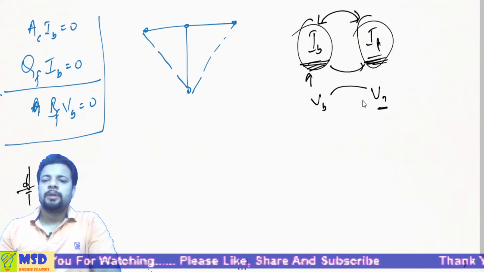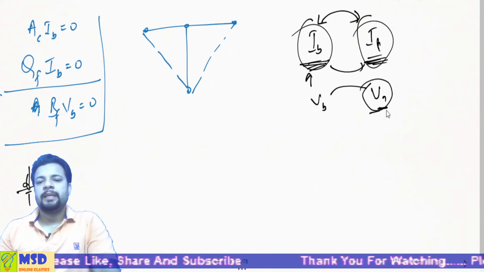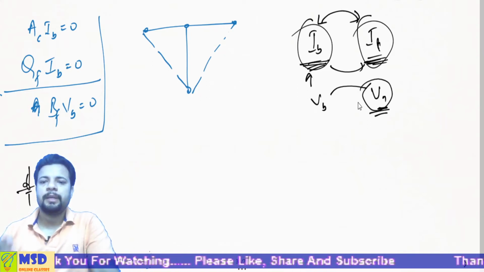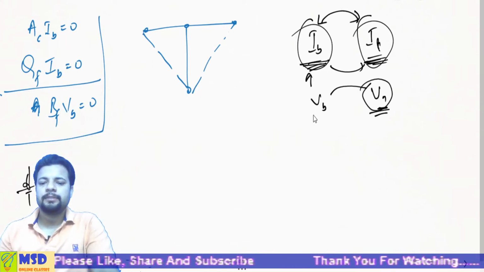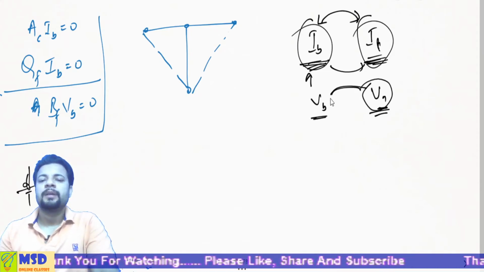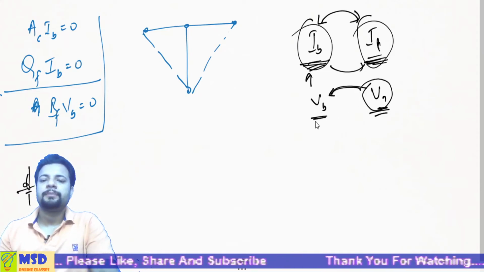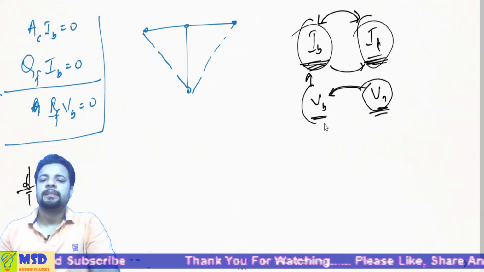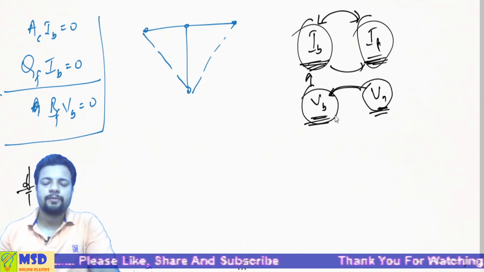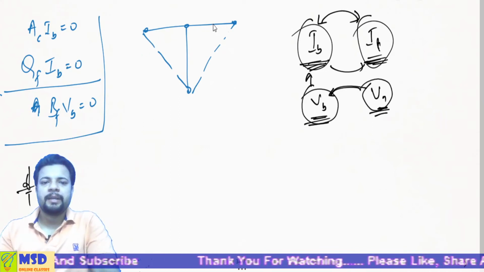So Vn we get from nodal analysis, which we will discuss in the upcoming lectures. From that Vn we want a relationship between Vn and Vb so that we can determine Vb, the branch voltage vector.